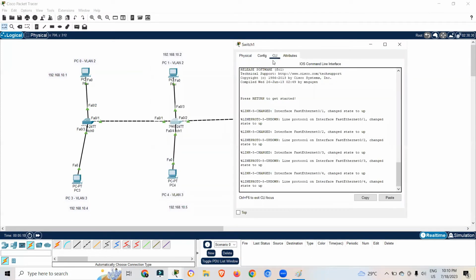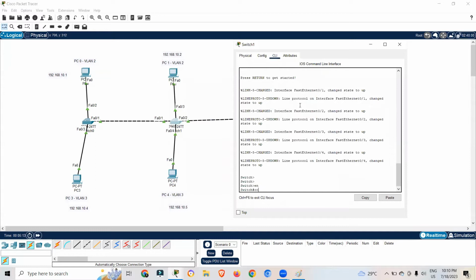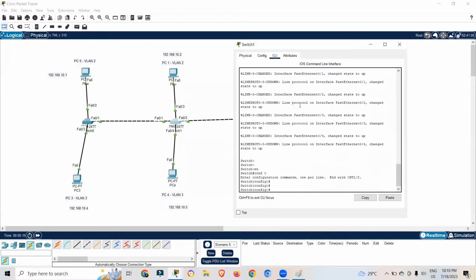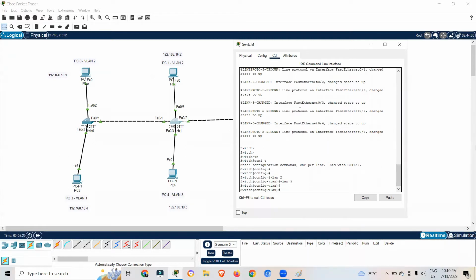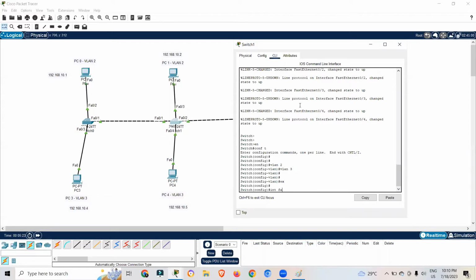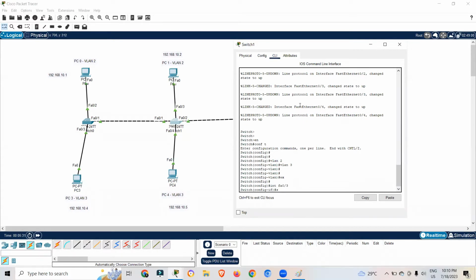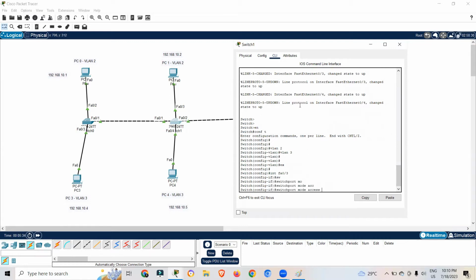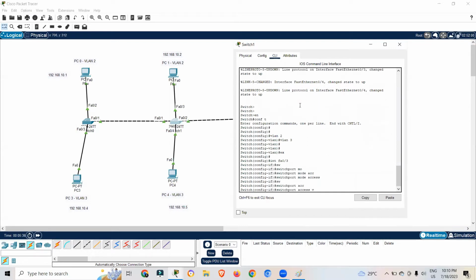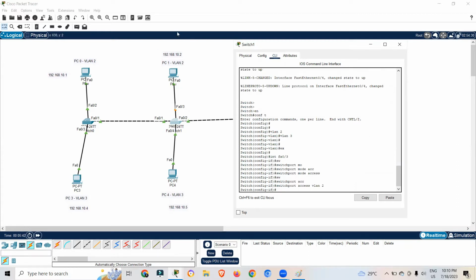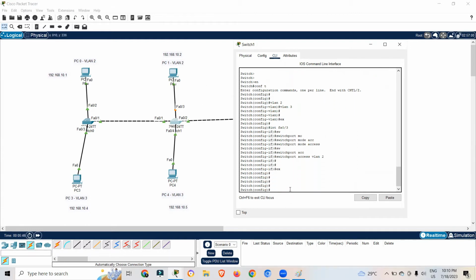So for the next one, let me configure the same. Enable, configure terminal. VLAN 2, VLAN 3, exit. Interface FA0/3, switchport mode access, switchport access vlan 2. Now this PC1 is part of VLAN 2. Exit.